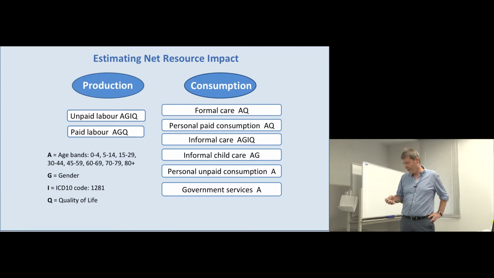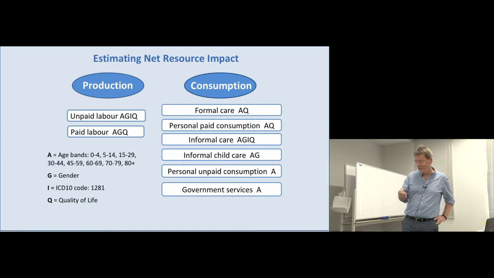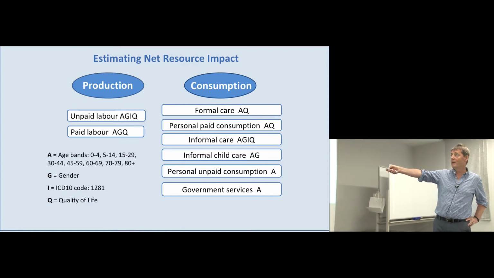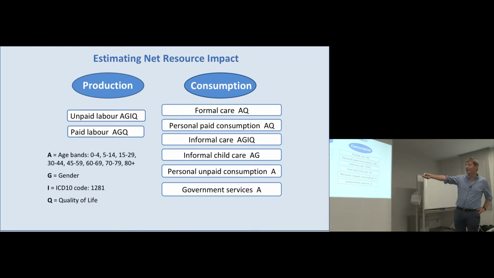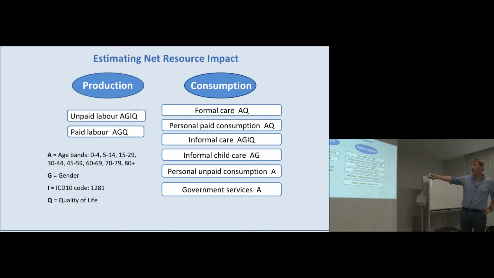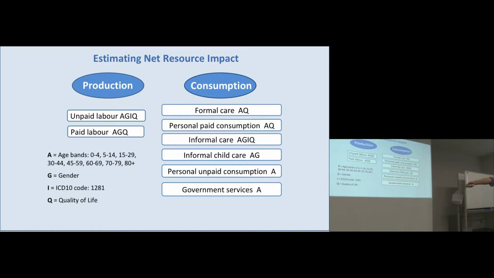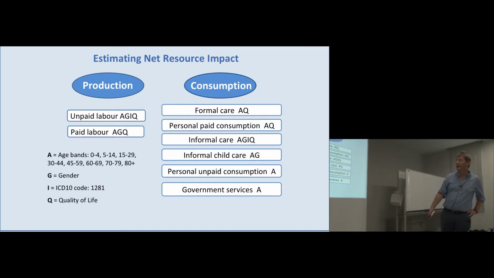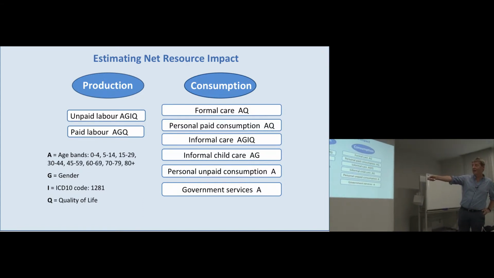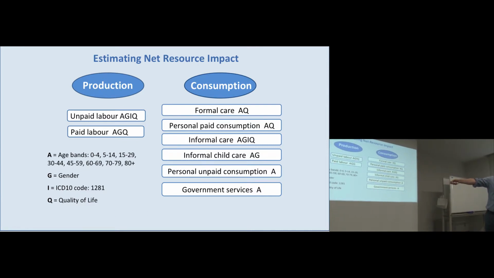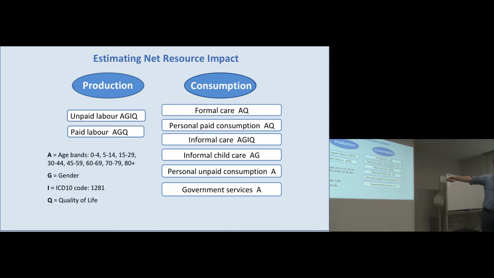For example, and I won't go through it blow by blow, they argued the amount of formal care consumed by the patient was particularly driven by their age and their health state or quality of life. Their labour market activity was largely explained by age, gender, and again the quality of life.